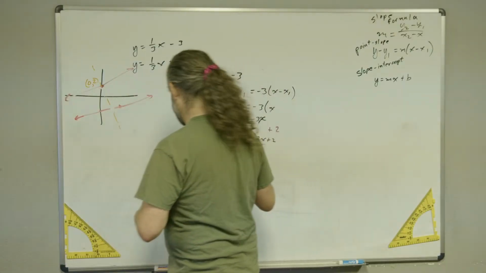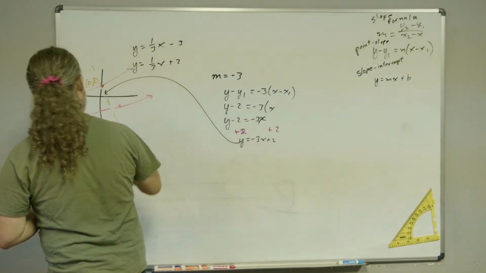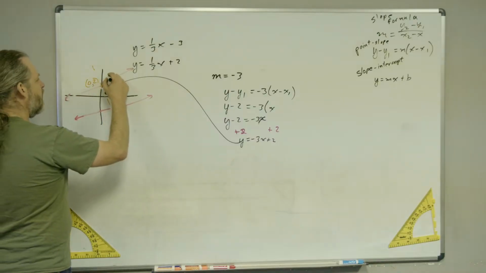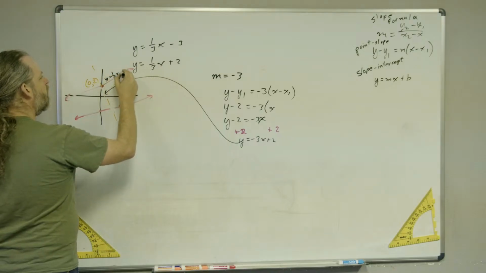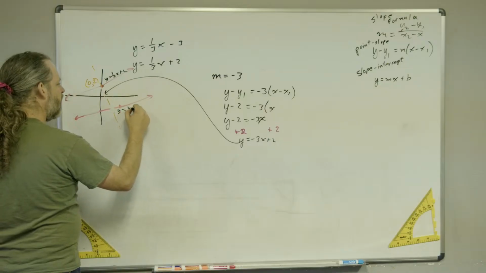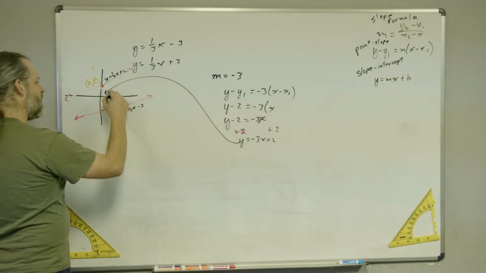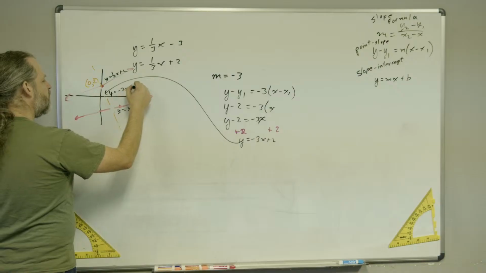So that is, to be clear, the equation of this orange line right there. So we know that equation. The equation of this one is y equals 1/3 x plus 2. And the equation of this one is y equals 1/3 x minus 3. And we just discovered that the equation of this one is y equals negative 3x plus 2.